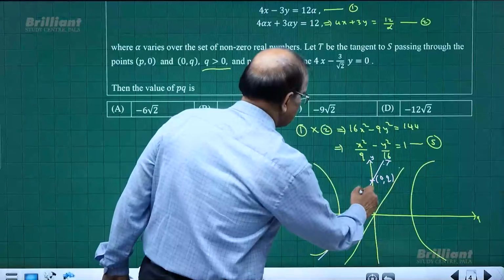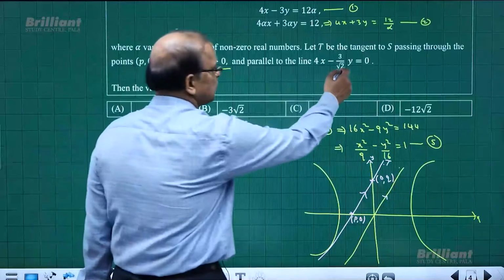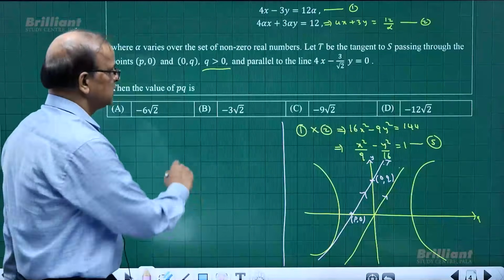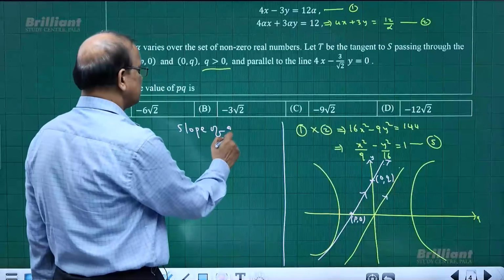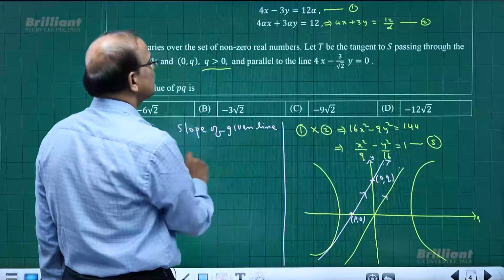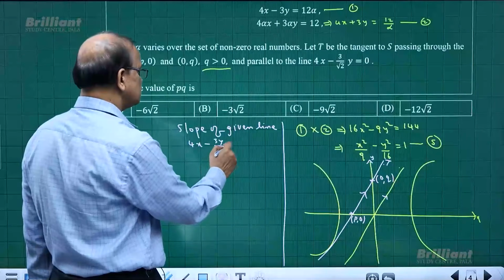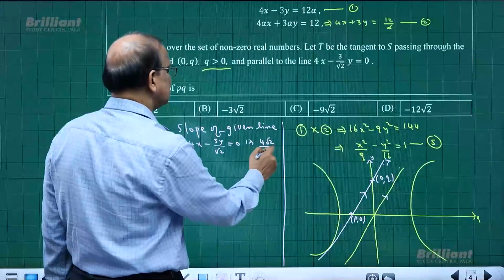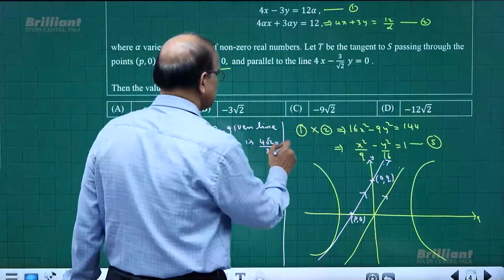So these two are parallel. Now we can write the slope of this: 4 root 2 by 3, that is the slope of the tangent. The slope of the given line 4x minus 3y by root 2 equal to 0 is 4 root 2 by 3. This is m.